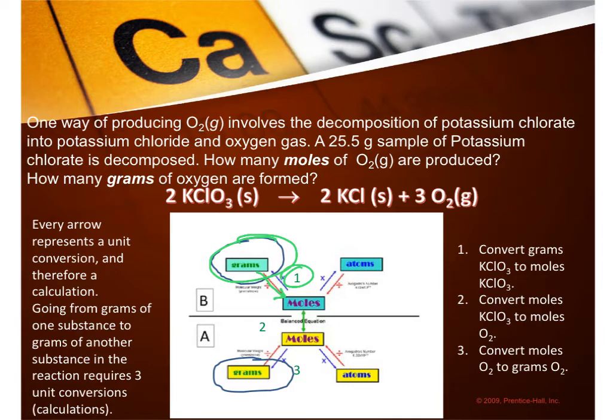And, oh, that does ask grams. I didn't see that. It asks for moles and grams. Sorry about that. And the second step is going to be using mole ratio to convert from moles of the potassium chlorate to oxygen. And then the third calculation is going to be, once we're in moles of oxygen, we're going to convert to grams of oxygen.